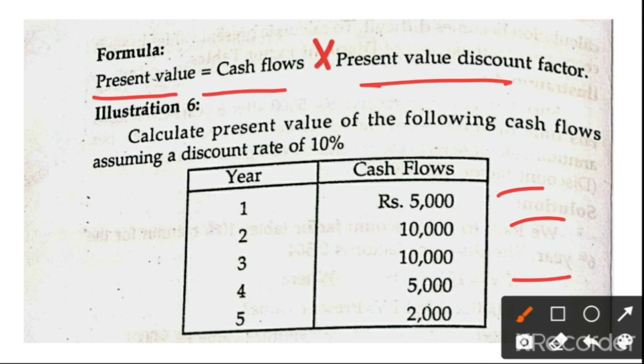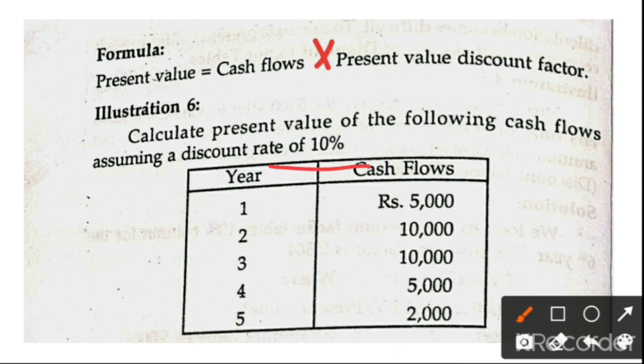Let us start with a problem. One problem I will explain and solve, and another problem I will give you as homework. Calculate the present value of the following cash flows, assuming the discounting rate is 10%. This is not a discounting factor, this is a discount rate.